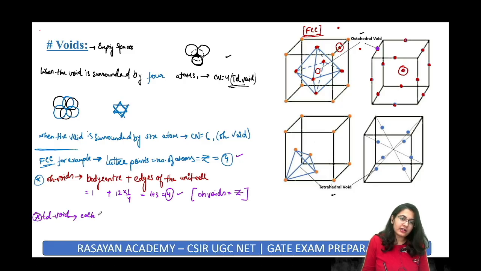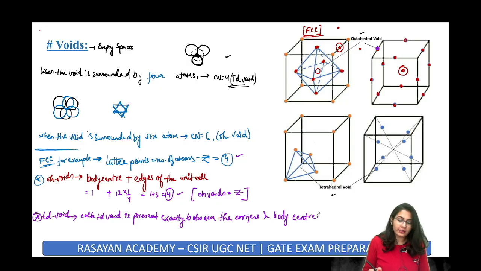Each tetrahedral void is present exactly between the corners and the body center. All right.